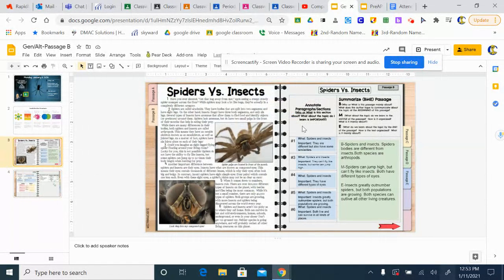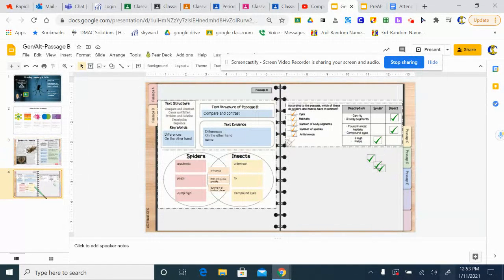Making sure you do have your annotated paragraphs or sections in order the way they are read in the paragraphs. Making sure you have your BME or summarization passage typed out. And on slide 4, making sure you have done the text structure questions, the Venn diagram, and then the last part, the little checking table and chart to be filled out about the differences and similarities between spiders and insects.